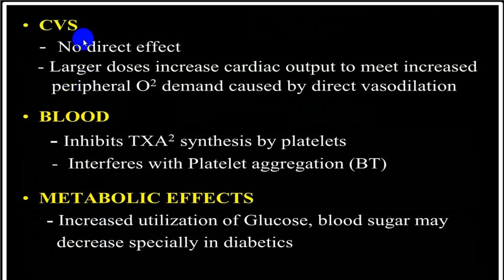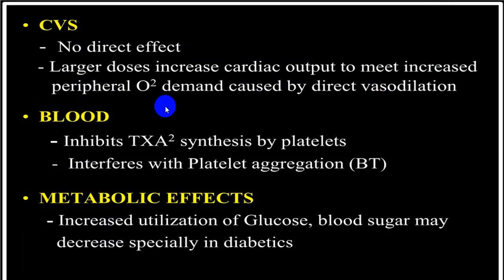Cardiovascular: no direct effect, but indirectly when you use large doses, it increases the cardiac output and also produces vasodilatation, by which it will produce hypotension. As far as blood is concerned, we have already told you the antiplatelet effects. It interferes with platelet aggregation, so it will prolong the bleeding time and give rise to bleeding.